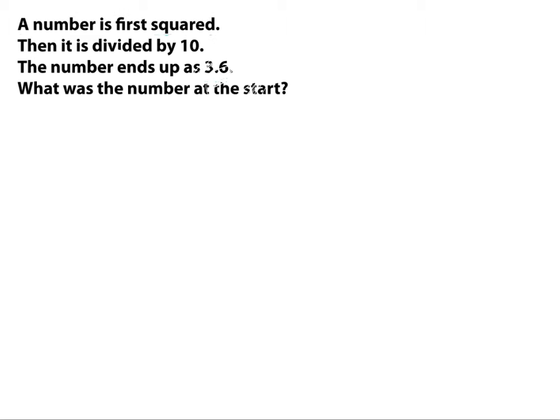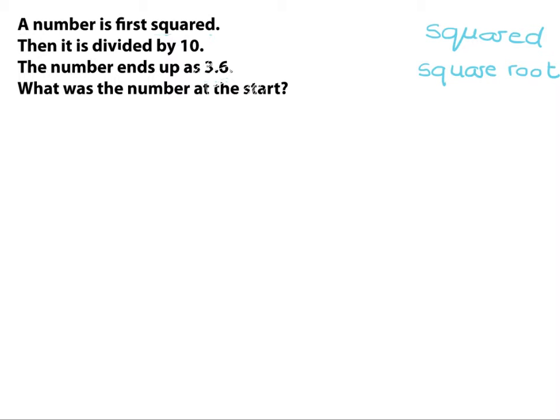Okay, well, what do you have to know to do this, and what do you need to do? First of all, you have to know what it means when a number is squared. You also probably need to know what a square root is. Don't worry about that one little bit.